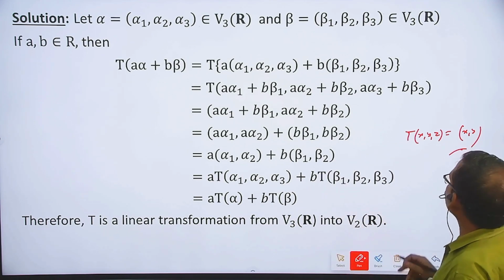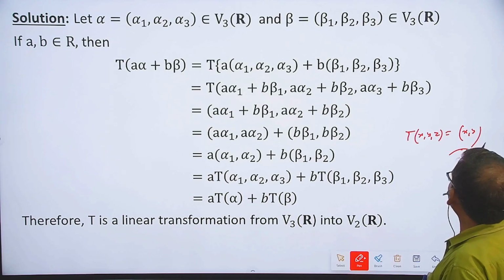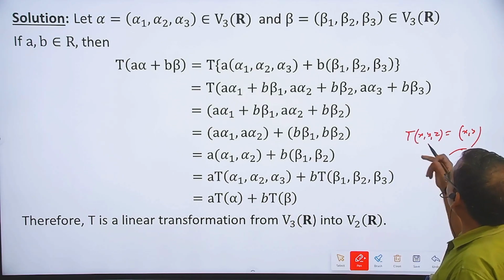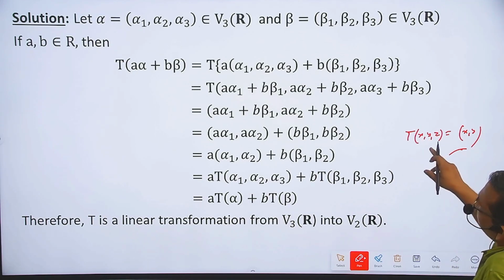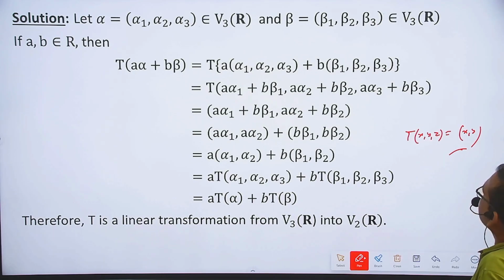According to the given function, the first component and second component, when we apply this function on a vector space of 3 dimensions, it gives a vector space of 2 dimensions. It means it gives the 2 components only.